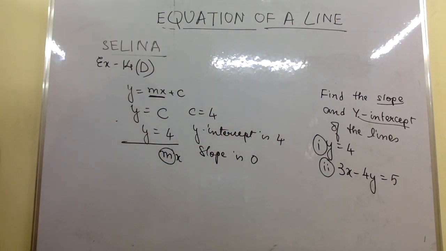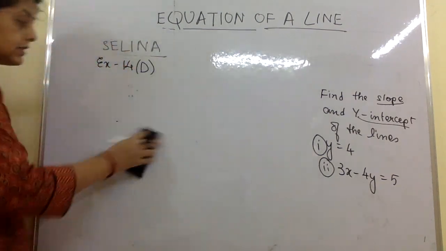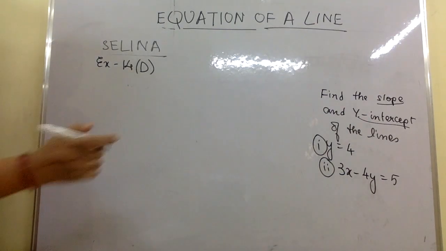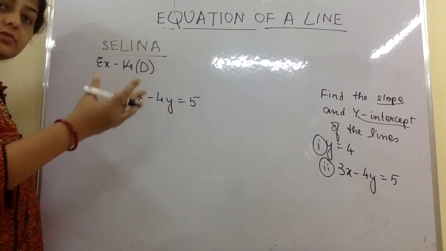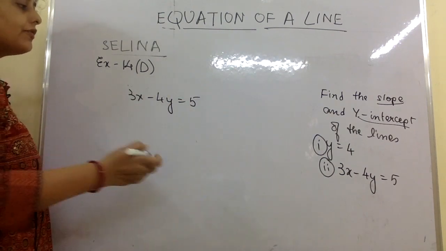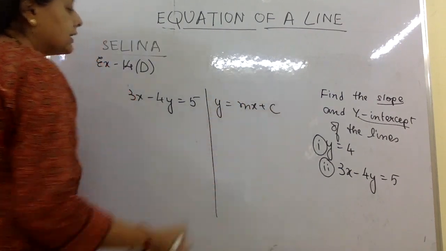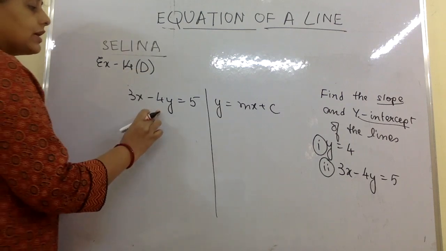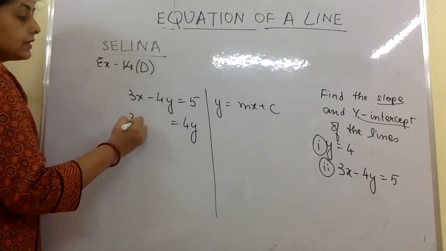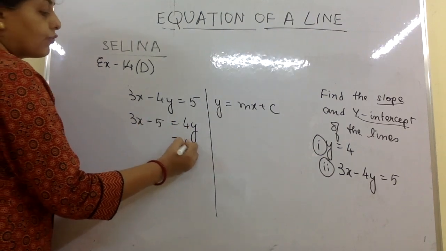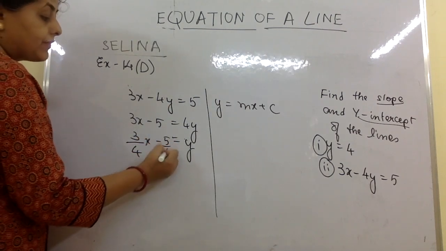Now let's come to the next question, which is 3x minus 4y is equal to 5. This is my equation. Now we have to match this exactly with y is equal to mx plus c. In that case, we have to take the 4y to one side. If we take the 4y this side, 3x minus 5, then y, bring the 4 also down, minus 5 by 4.